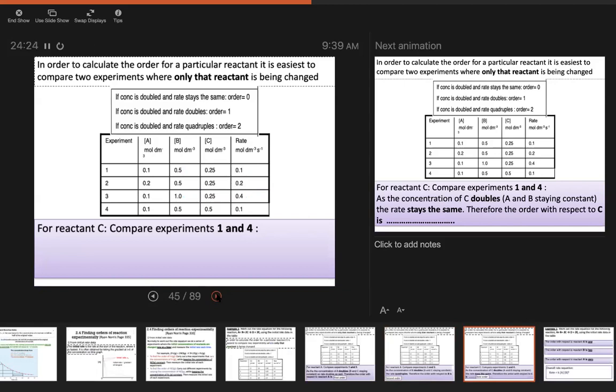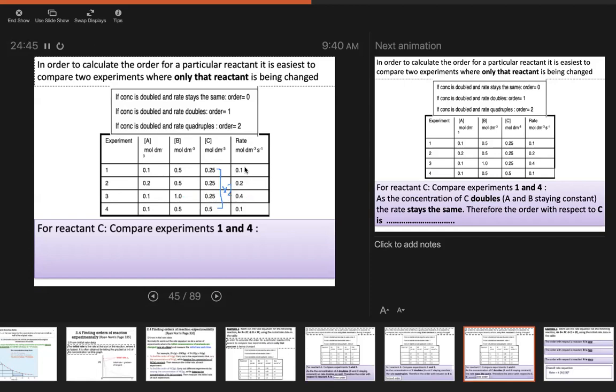Last one is I want to study the reactant C. Between experiment 1 and 4, only C is changing. A stays the same, B stays the same, C is doubled, times by 2.